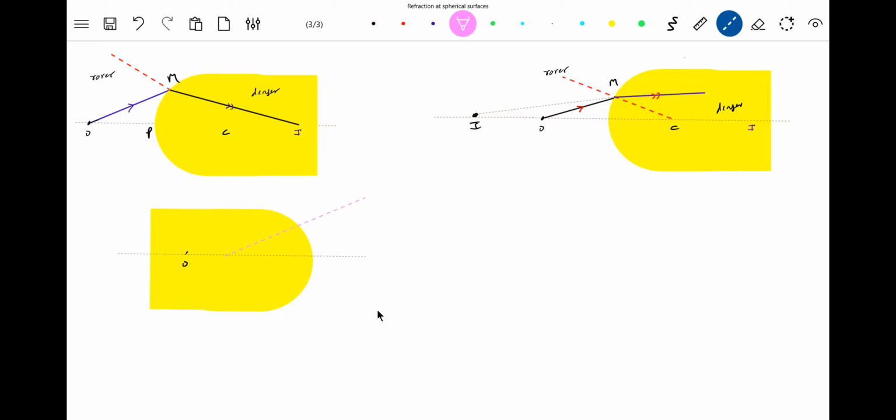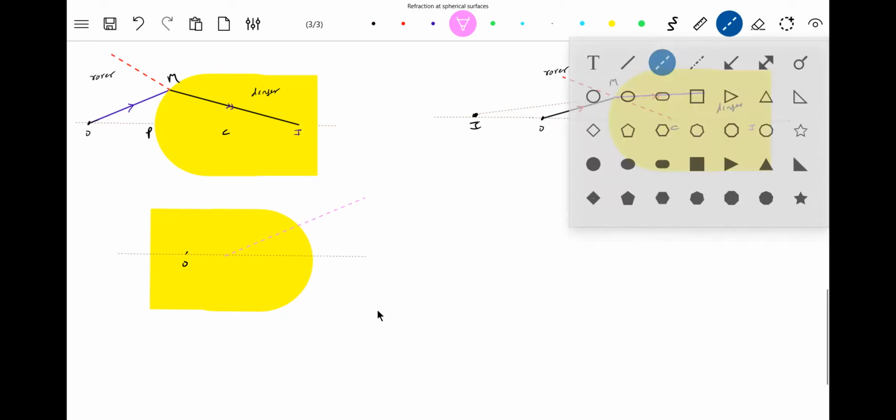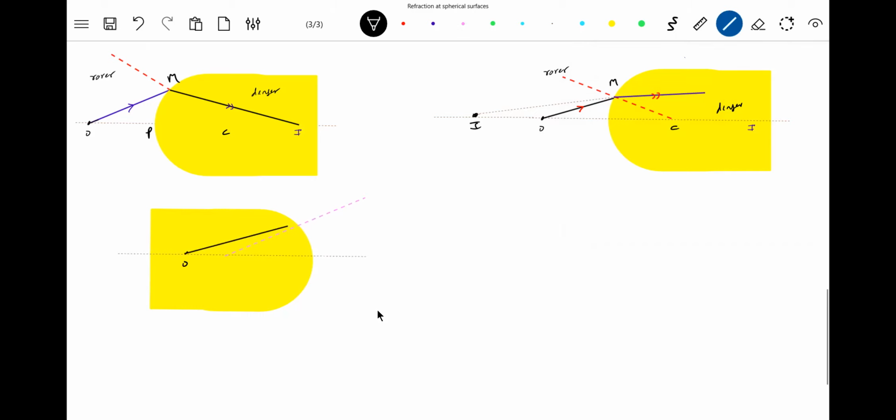This would be the normal. Now the ray will be incident. The ray is moving from denser to rarer, so it will bend away from the normal. After refraction, the ray will meet here. So now where is the object? The object is in the denser medium and the image is in the rarer medium. That pink dotted line is the center of curvature. This is the normal.